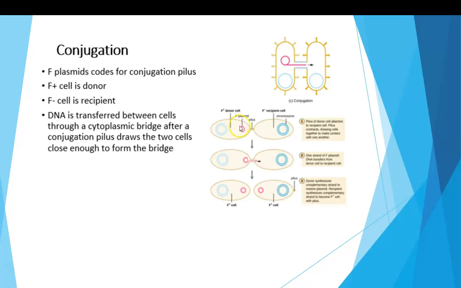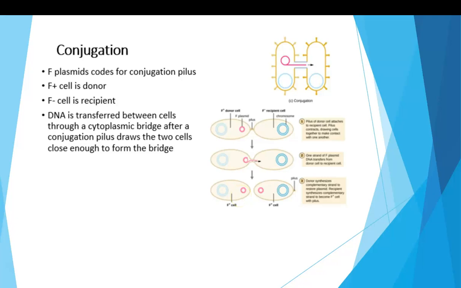One of the bacteria has a plasmid, so we call it F positive or the donor cell, and the other bacteria doesn't have that plasmid, so it's F negative or the recipient. With the help of the pilus, these bacteria connect to each other, and then the plasmid or this genetic information, or a copy of it, can be transferred from the donor cell to the recipient cell. Then this bacteria is going to have the same genetic information that the donor cell has.